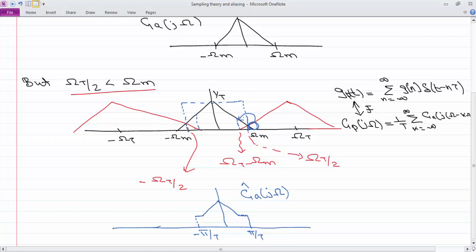So you have some piece of the frequencies above the omega t by 2 range, and since you cannot measure them, they fold back onto lower frequencies. While your original frequencies were like this, the red part, what you recover is that you had some frequencies in that region, and some of the higher frequencies have also fallen onto that region, and now you have messed up that region of your frequencies.